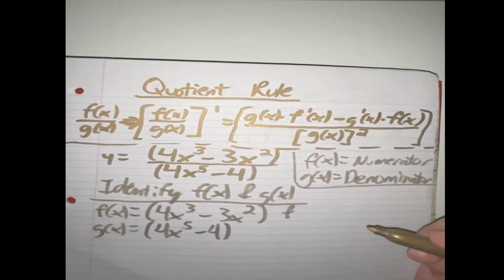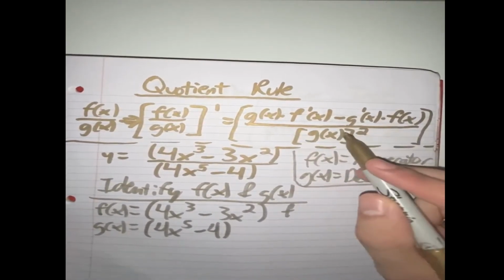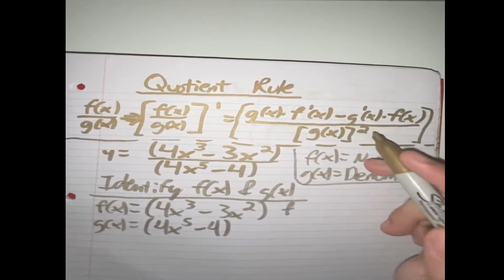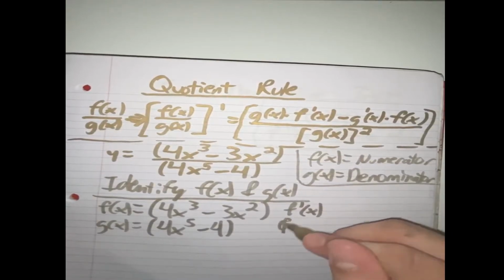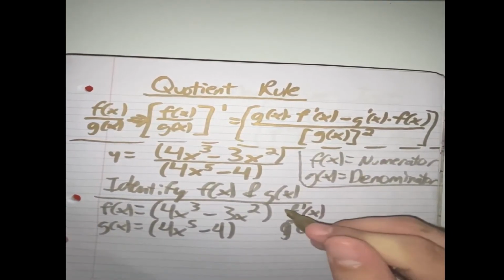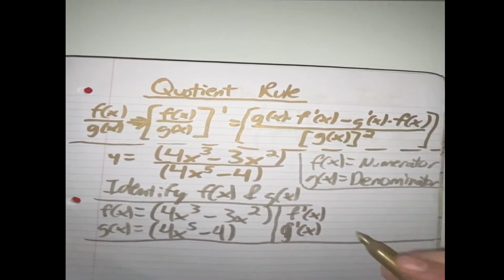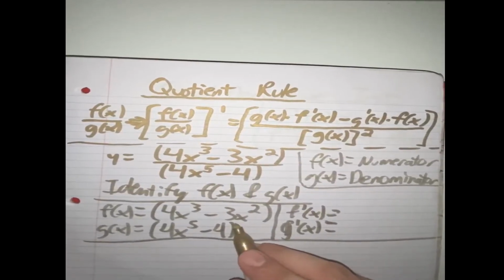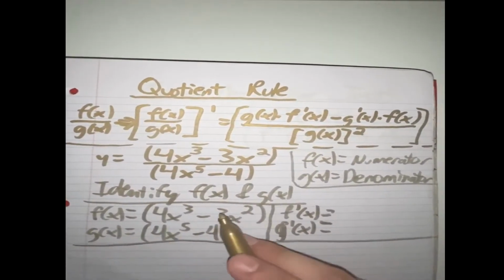Once we have that, looking at this quotient rule formula, we see that we need f prime of x and g prime of x. So we find f prime of x as well as g prime of x by taking the derivative. The derivative of f of x: we take the derivative of each term, since there's a minus sign.